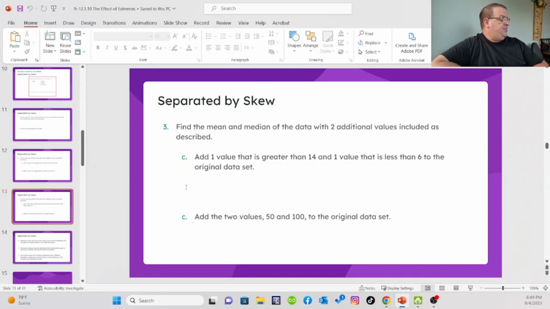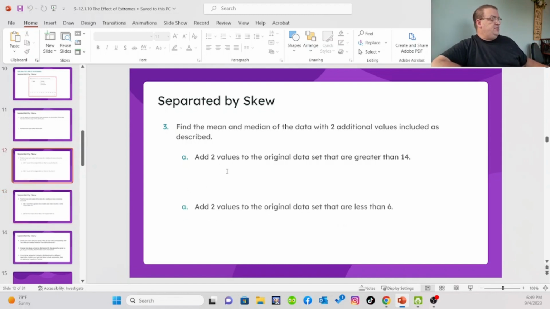And add the two values 50 and 100 to the original data set and see what happens. So in all of these, you're going to follow their directions and you're going to write down what is the mean and what is the median so that you can see how these are affected anytime you change.